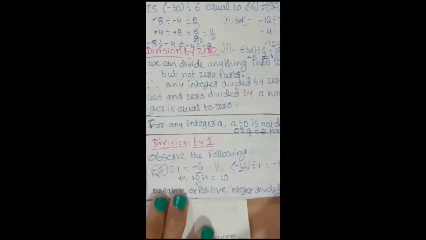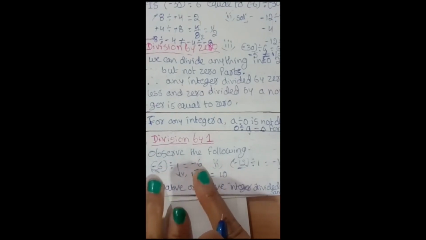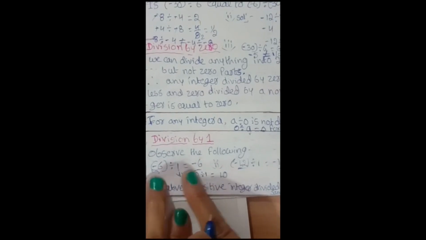Are you understood, Gagan sir? Negative integers, and here also positive integers. So both are divisible by 1, and we will get the same integer as the quotient.